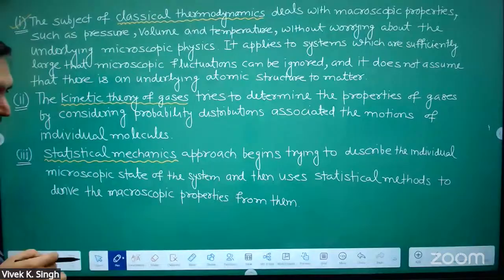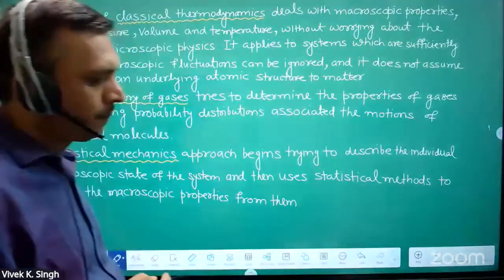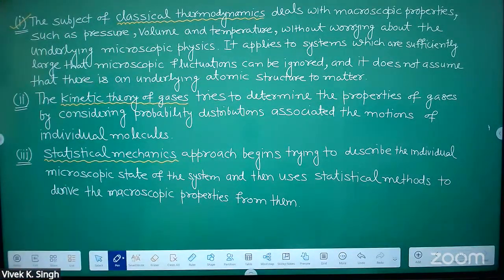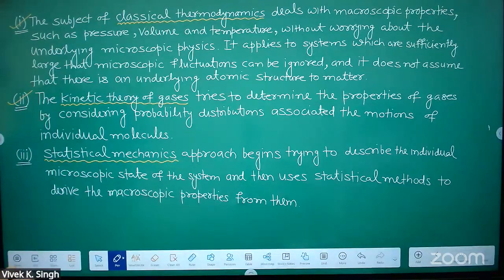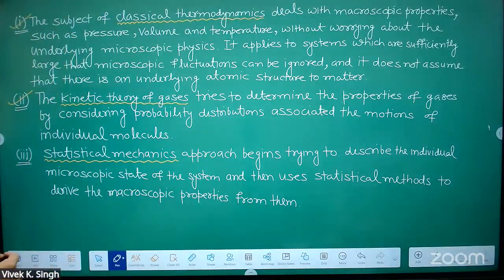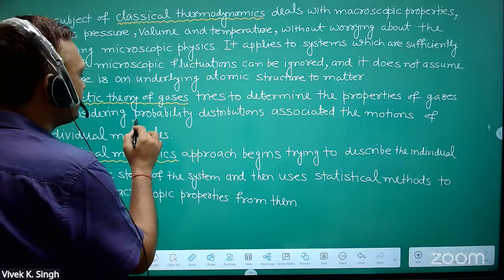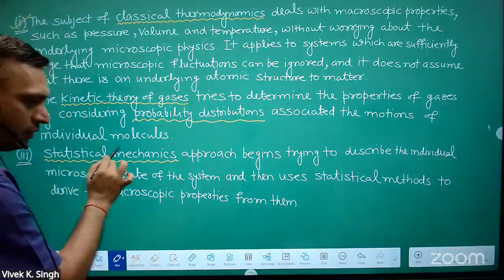So please note it down. Now see, in the kinetic theory of gases, we try to determine the properties of gases by considering probability distributions associated with the motions of individual molecules.